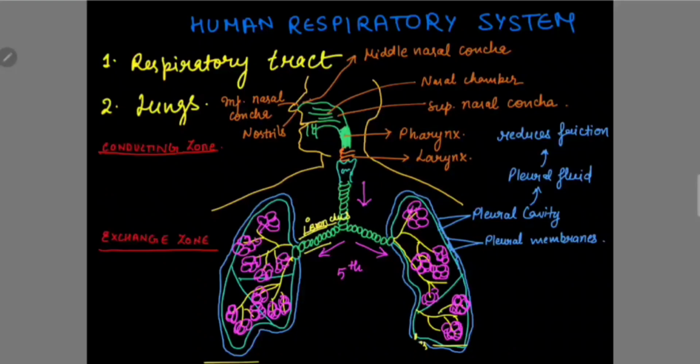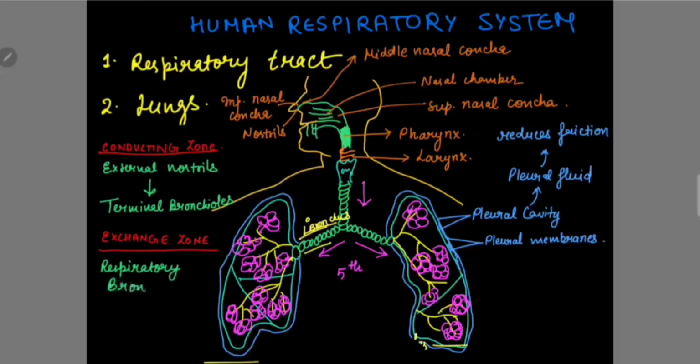Conducting zone extends from external nostrils up to terminal bronchioles, and exchange zone extends from respiratory bronchioles up to alveoli. It is called conducting zone because it conducts air up to terminal bronchiole. It is called exchange zone because this is the main arena where exchange of gases takes place.